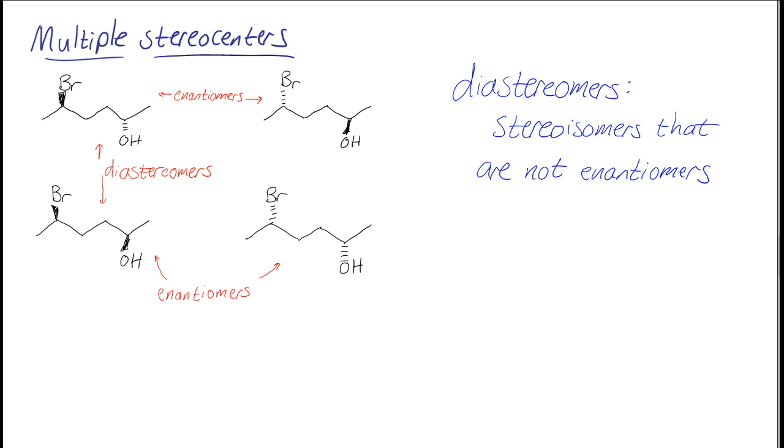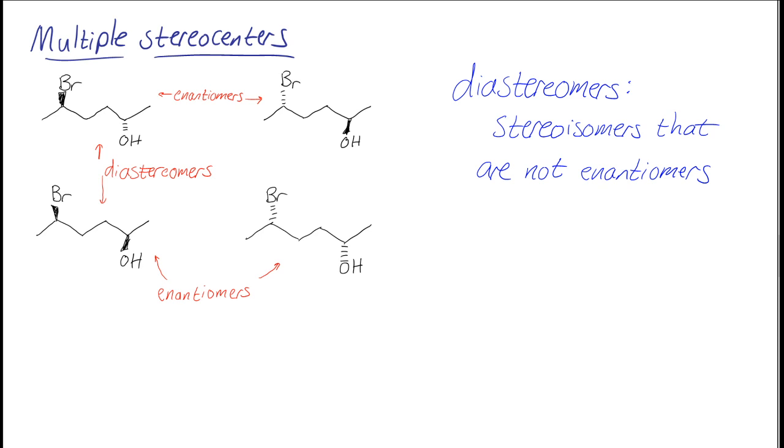So R versus S, E and Z, those are all stereoisomers. Enantiomers are non-superimposable mirror images. Diastereomers is all the other types of stereoisomers. So E and Z stereoisomers are technically diastereomers, as are these other ones. So any relationship between two of these that is not a complete mirror image is a diastereomeric relationship.